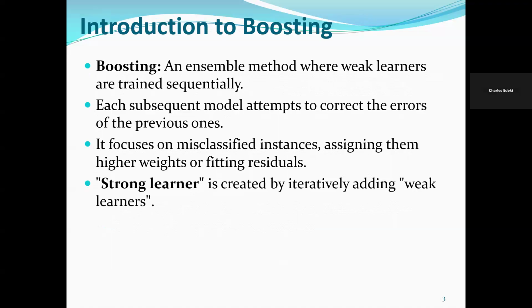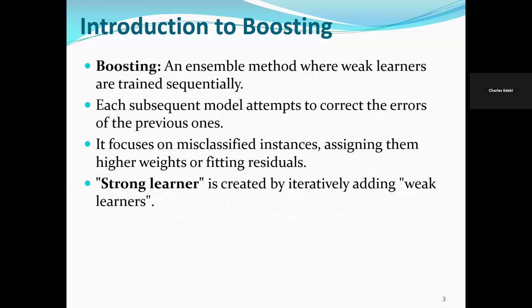Boosting, as we said, is related to bootstrap aggregating, which is bagging. The whole idea of bagging is that multiple models are built with bootstrap sampling, where we take samples with replacement. Then in bagging, multiple models are trained in parallel, independently from each other.